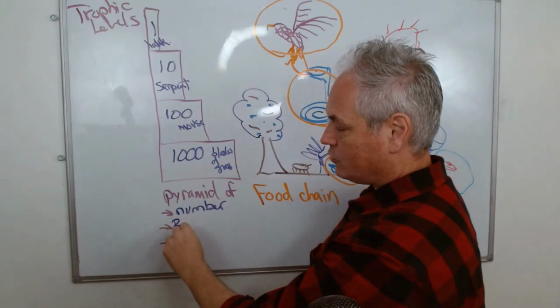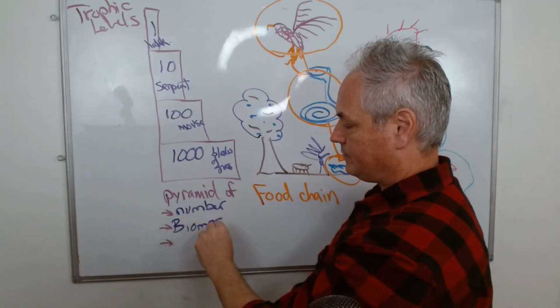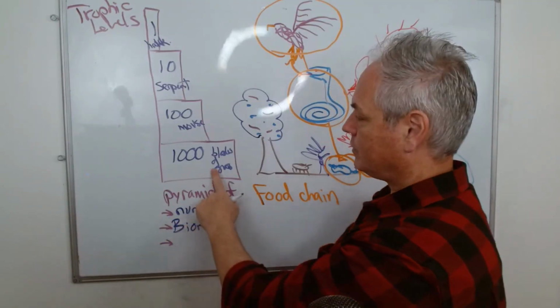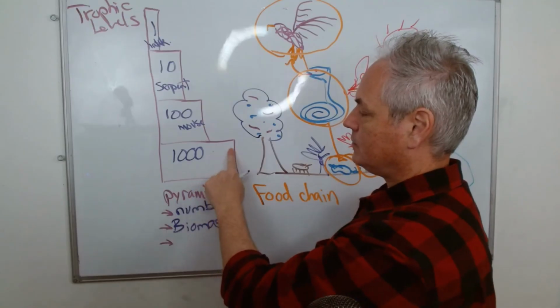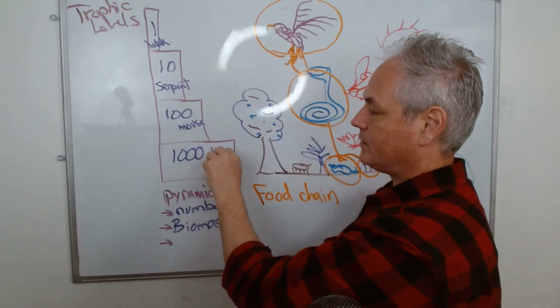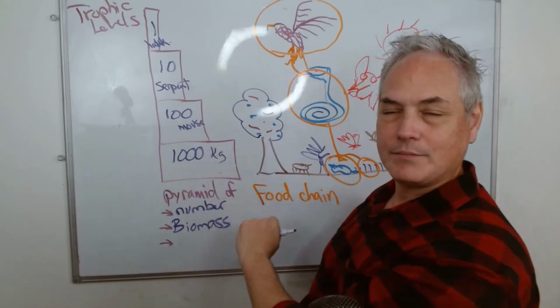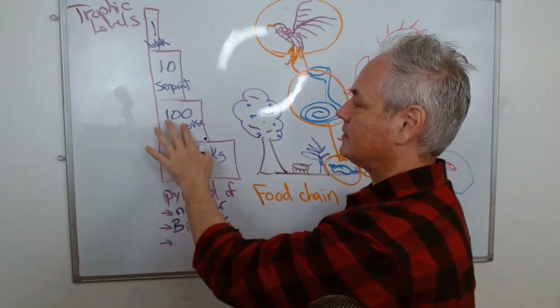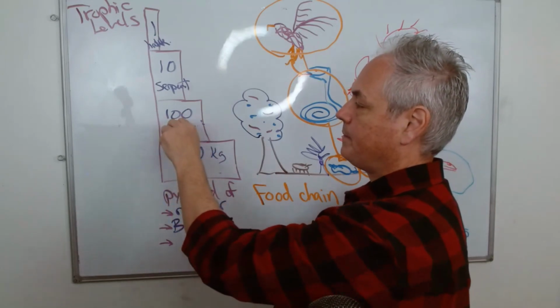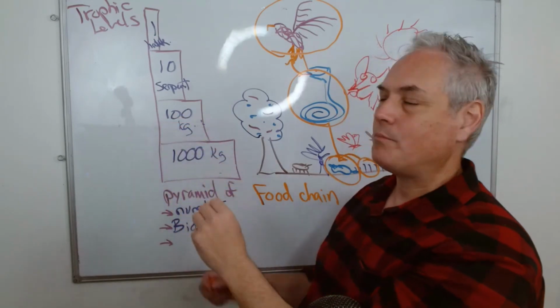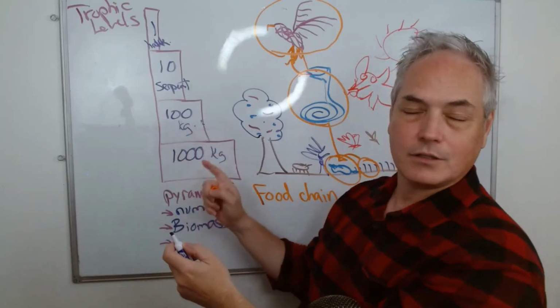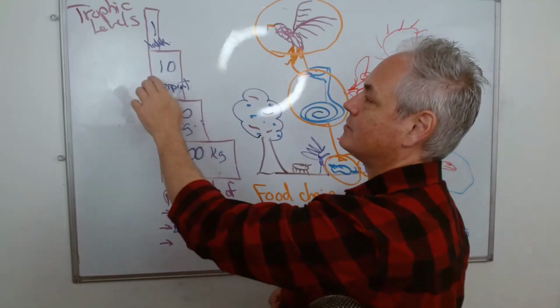We can also use other ways. For example, we can use biomass. How would that work? We could say, well, if I have 1,000 kilograms of plants, I'll be able to maintain about 100 kilograms of mouse.